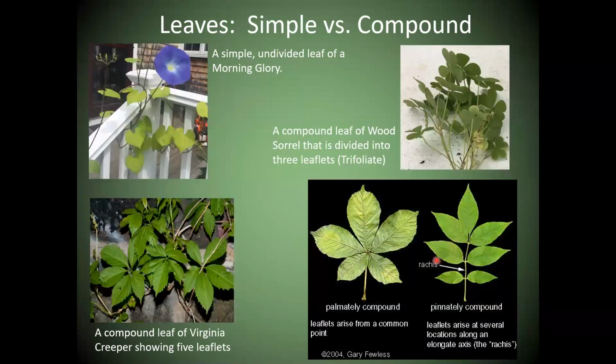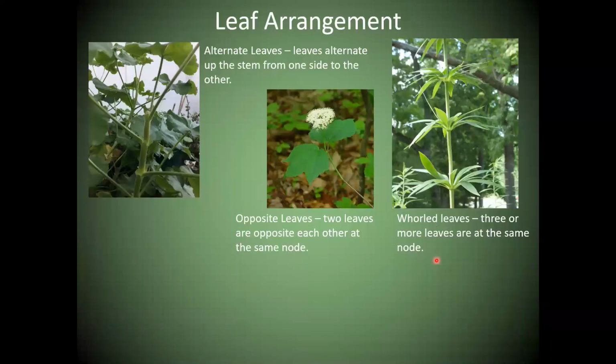Leaf arrangement can also be defined as how leaves are organized on the stem. Over here, you have alternate leaves, where the petioles are directed in opposite directions, so in a single leaf node we only see a single leaf.